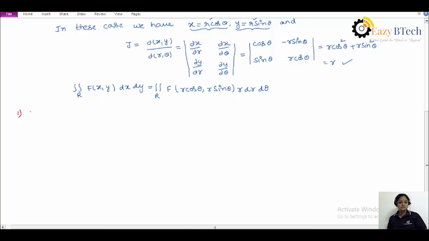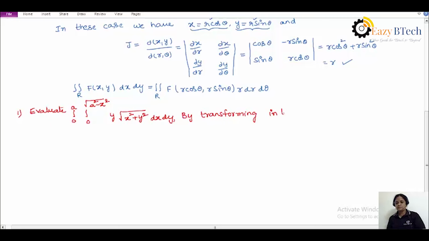The first question: evaluate the integral 0 to a and integral 0 to root of a square minus x square, y into root of x square plus y square, dx dy, by transforming into polar coordinates.